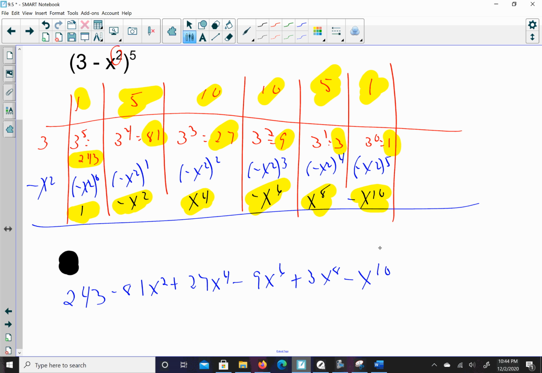And if I check here, my exponents don't add up to the 5, but that's because of that special case of raising that to a power.